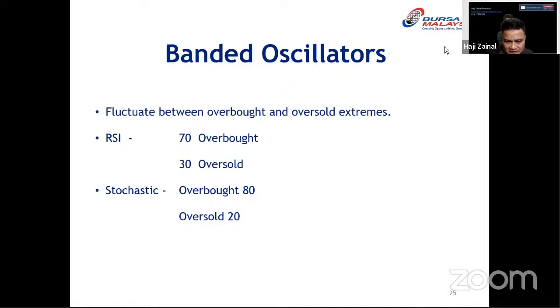So how to read banded oscillators, for example? If RSI uses 70 and 30, stochastic uses 80 and 20. So 70 and 30 for the RSI, and stochastic is 80 and 20.